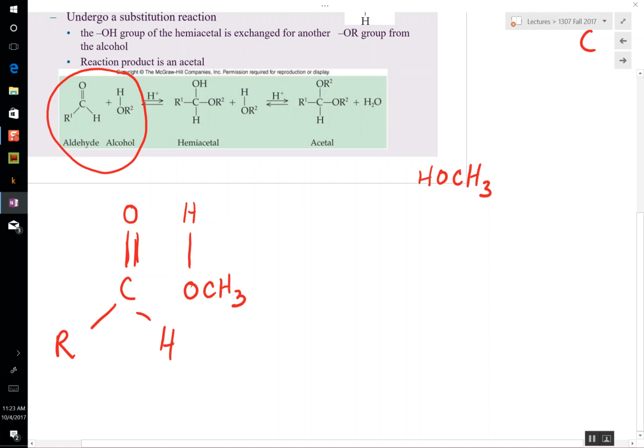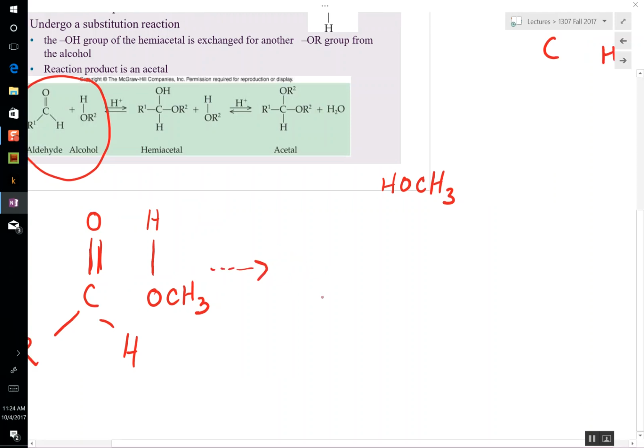All right, so if we had an aldehyde, where would we go with this? Let's go through an intermediate step here. We're going to have this going on. This bond is going to start going away.